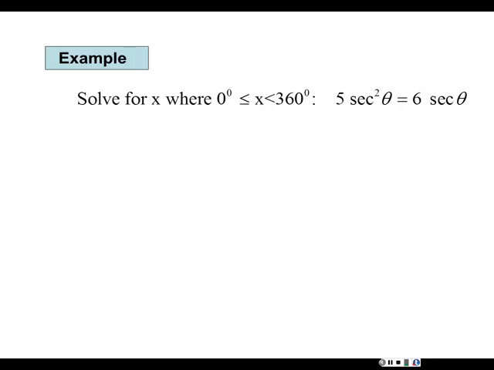Is there any value of sec which is 0? Because whenever the cosine is 1, the sec is also 1. But whenever the cosine is 0, the sec becomes undefined.